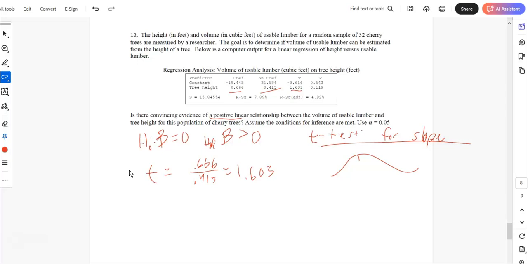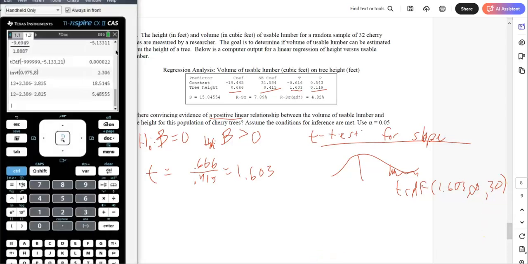We could draw that, shade to the right of 1.603, do tCDF of 1.603, comma, infinity, comma, 30 for degrees of freedom, and that'll give us our p-value. Or we could divide this number by 2 because that's for a two-sided test. So we could just do 0.119 divided by 2, 0.0595.